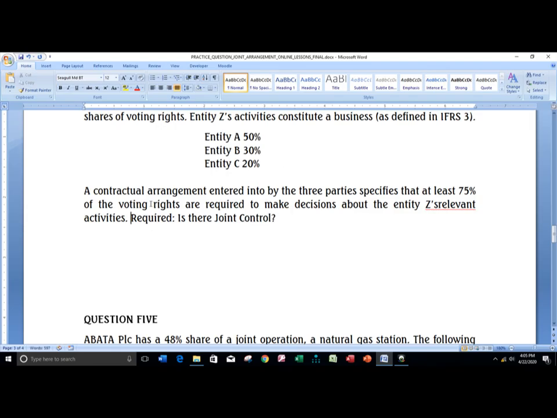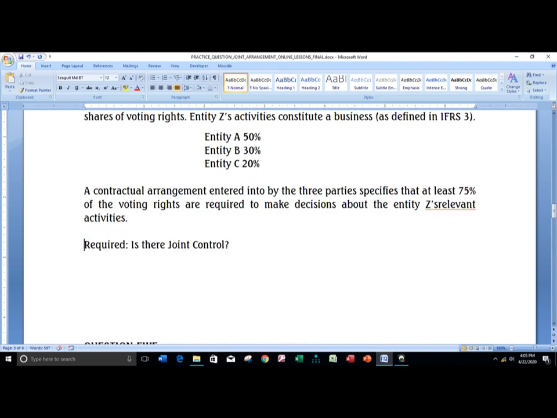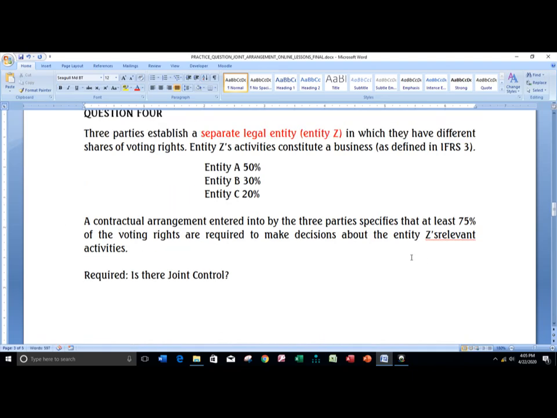Is there joint control? Yes, there is joint control because we require at least 75%, and none of these parties can get 75% on their own.